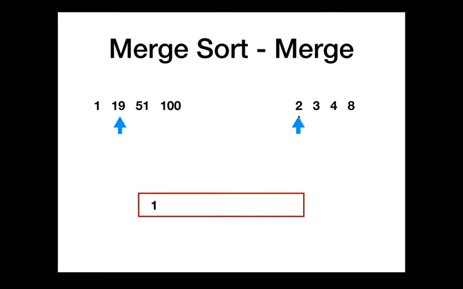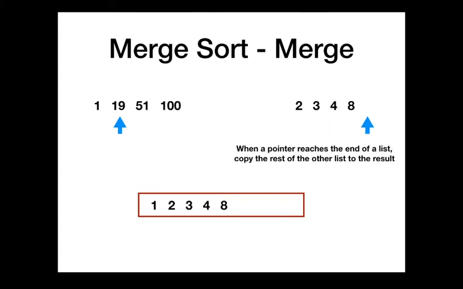So now I'll compare 19 and 2. 2 comes before 19, so same argument. 2 comes before everything after 19, and comes after everything before 19. Compare 3 and 19, I know 3. Compare 4 and 19, 8 and 19. And now we reach the end of one of the lists. So there's nothing left to compare.